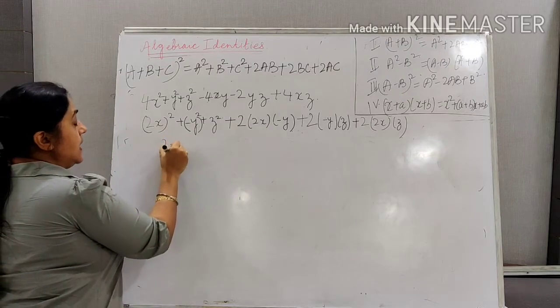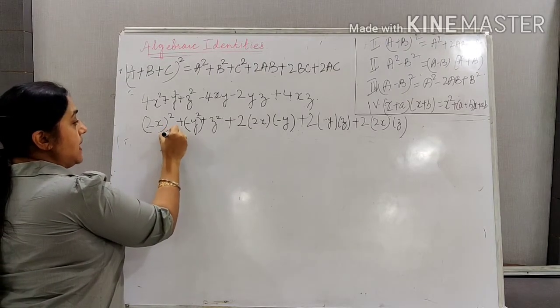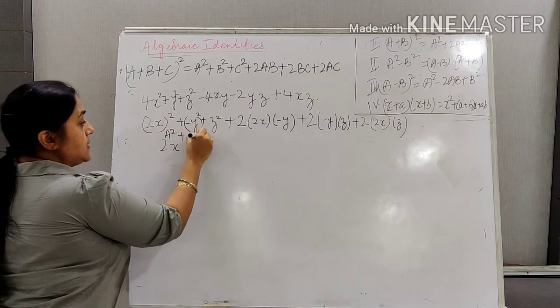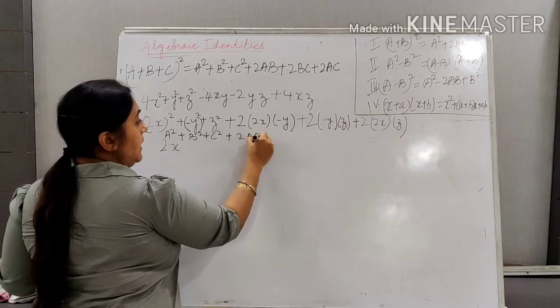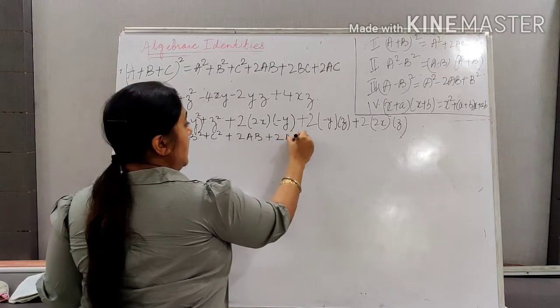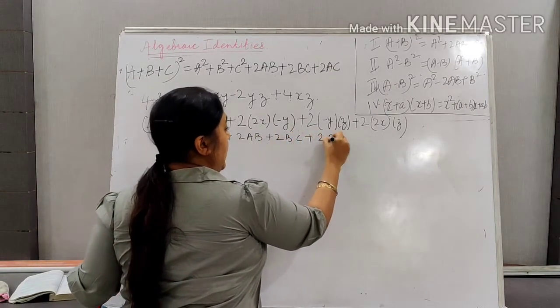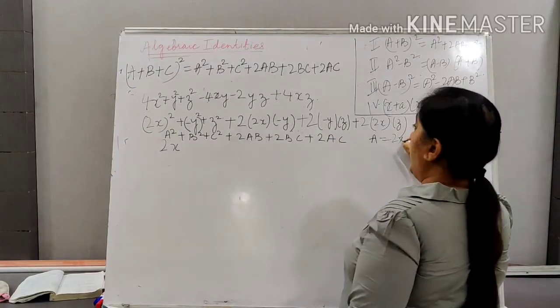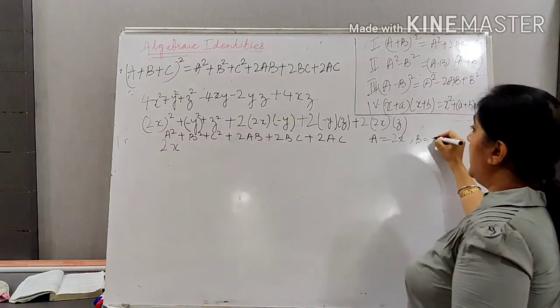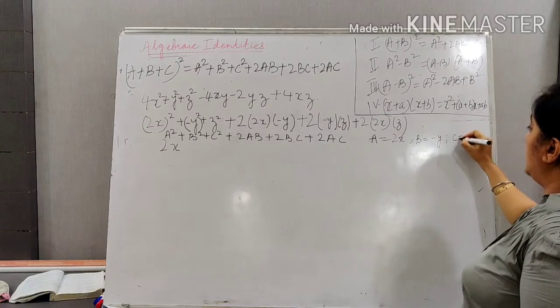Your answer is 2x. This is the same as a square, b square, c square, 2ab, 2bc and 2ac. Given what is a? A is 2x. What is b? B is minus 5. And what is c?